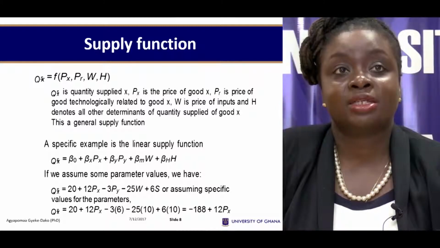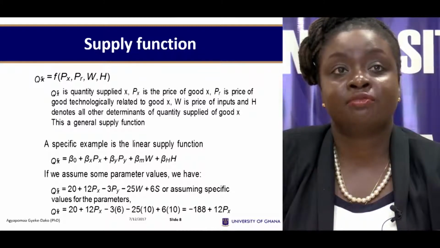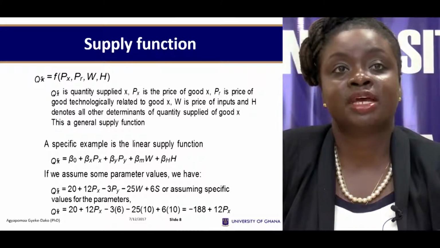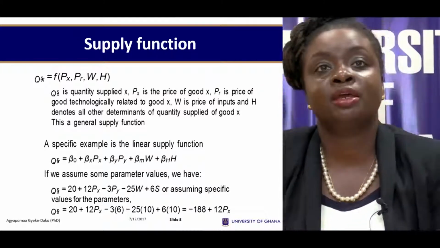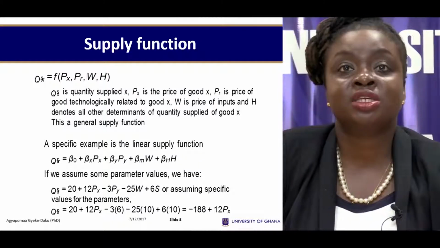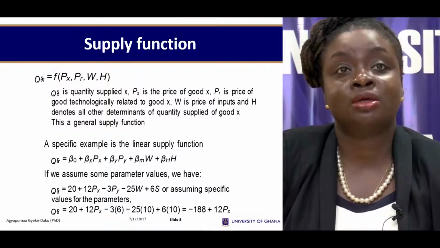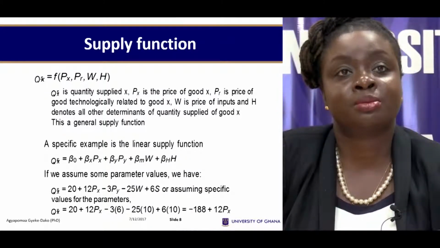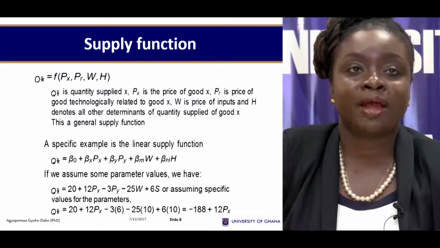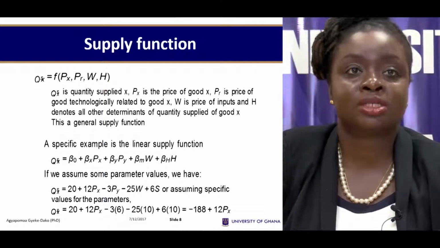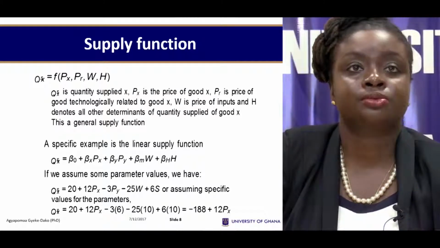So we expect that if we have the equation that we have below, which is QS equals beta naught plus beta X PX plus beta Y PY plus beta M W plus beta H H, then beta X obviously would have a positive sign because there's a positive relationship between the own price of a product and the quantity supplied.